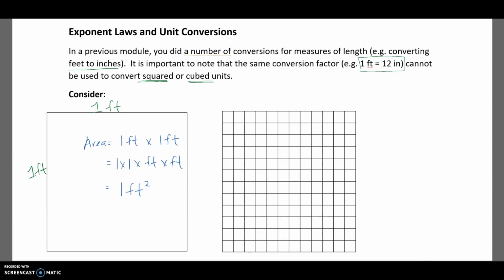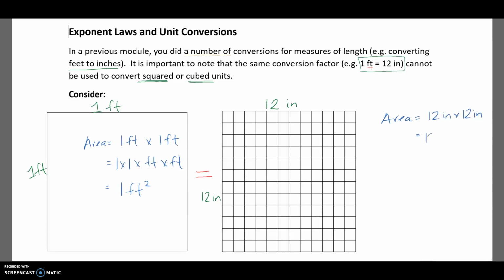But we could write this another way. Notice that these two boxes are the same. The only difference is that instead of measuring in feet, I measured these dimensions in inches. So the length and the width are each 12 inches. If I want to calculate the area, I take the length, 12 inches, and multiply by the width.